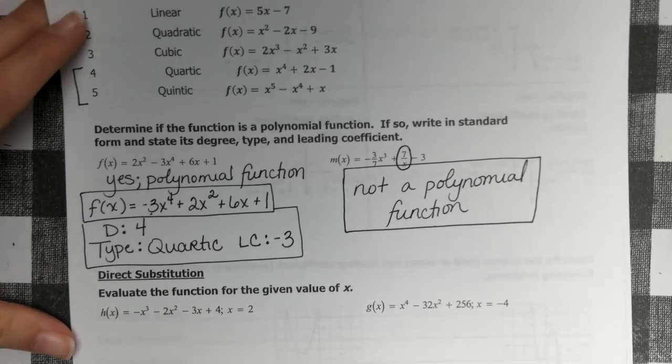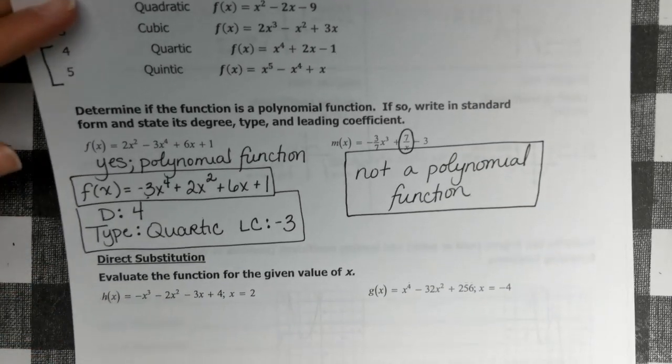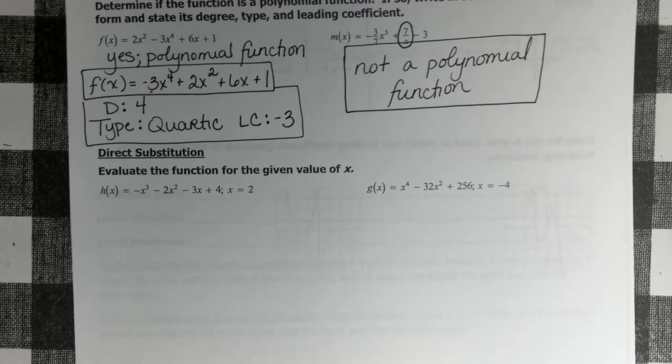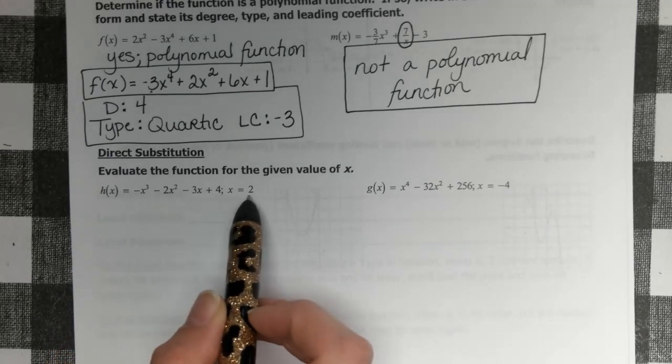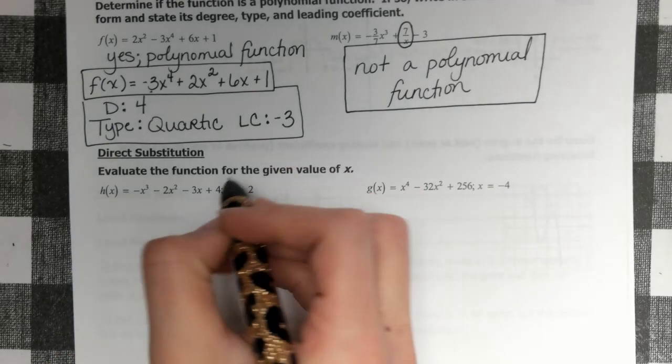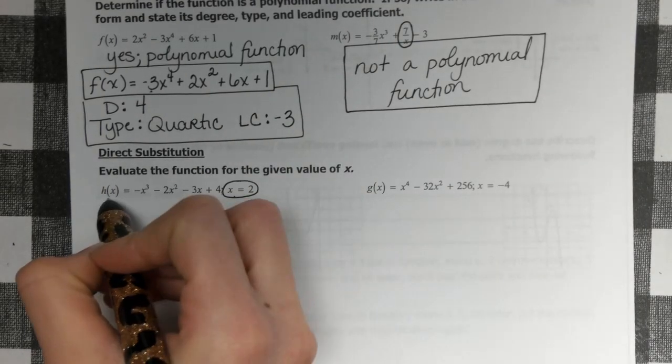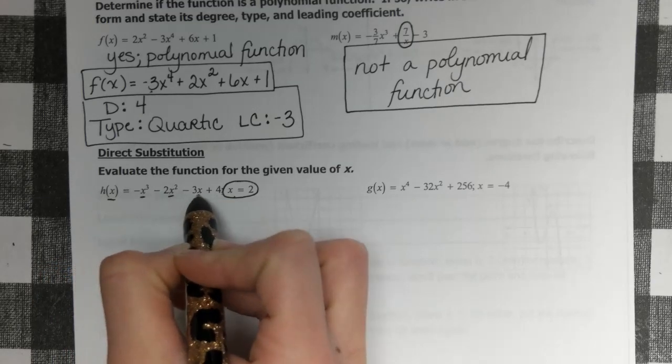Okay, do we have questions over that? We're good? All right, so my next section says evaluate the function for the given value of x. This is very simple. If I give you a function and then I tell you x equals 2, you're taking that 2, bless you, and plugging it in everywhere there is an x.